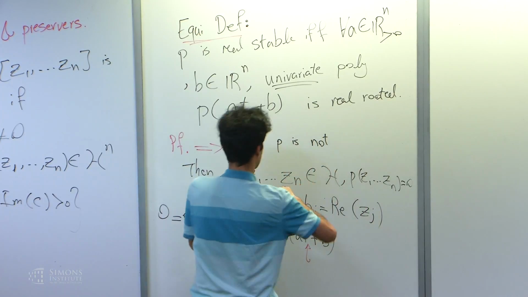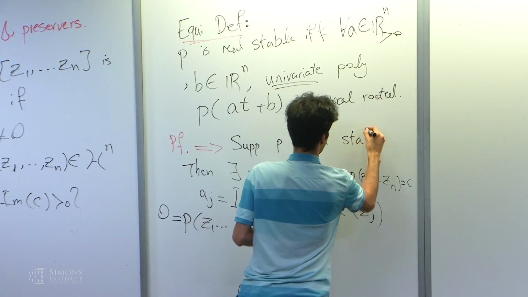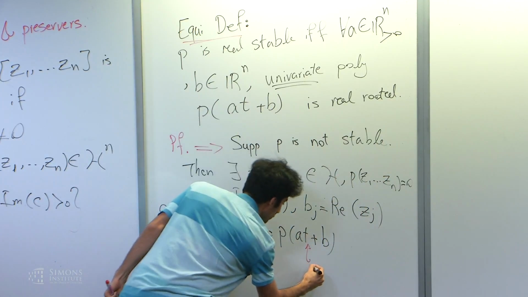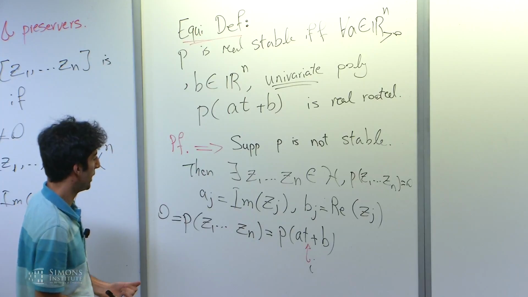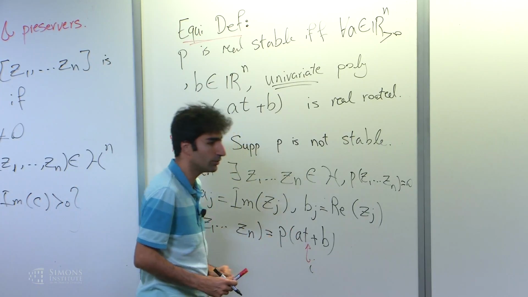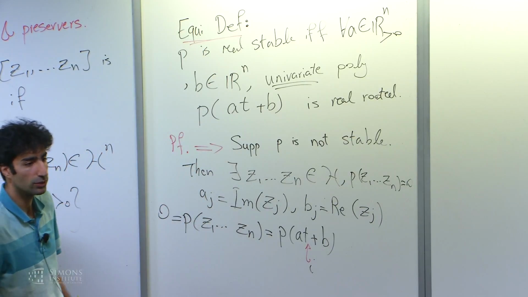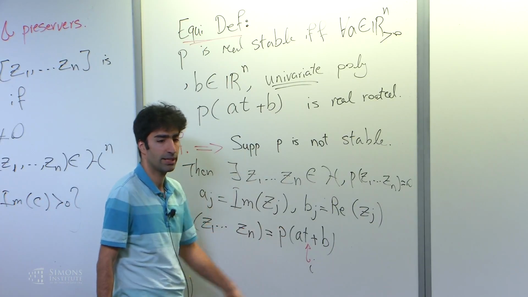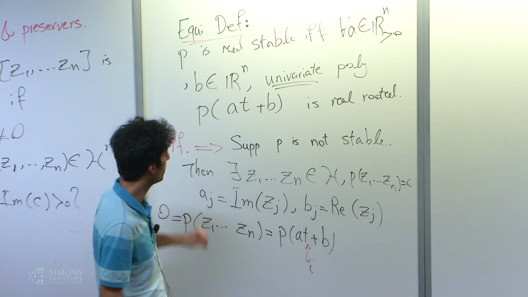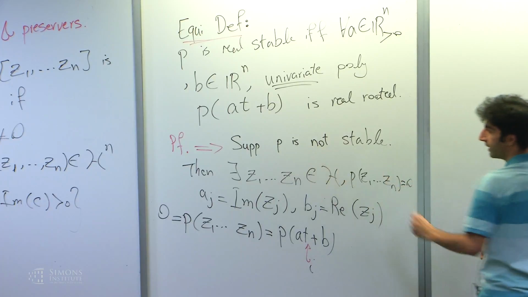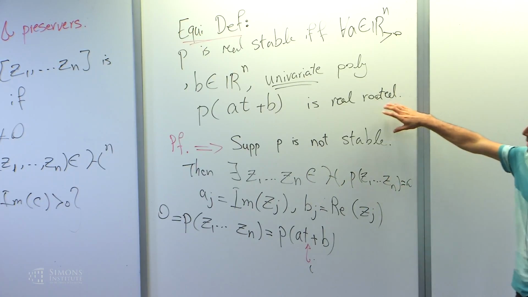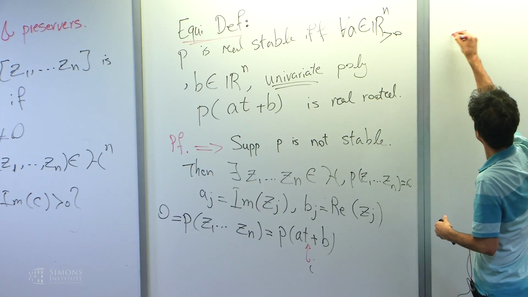Start by assuming P is not stable. So if I put t equals i, the number with imaginary value of 1, these two are exactly equal, so I get a complex root for this polynomial. So P of at plus b is not real rooted, and that's a contradiction. So this assumption is violated.